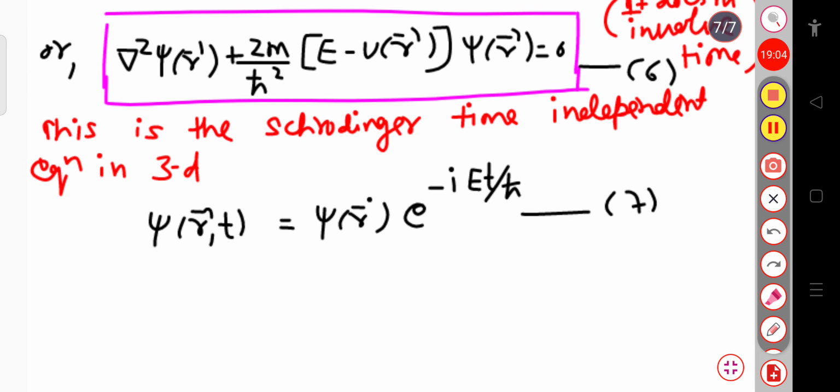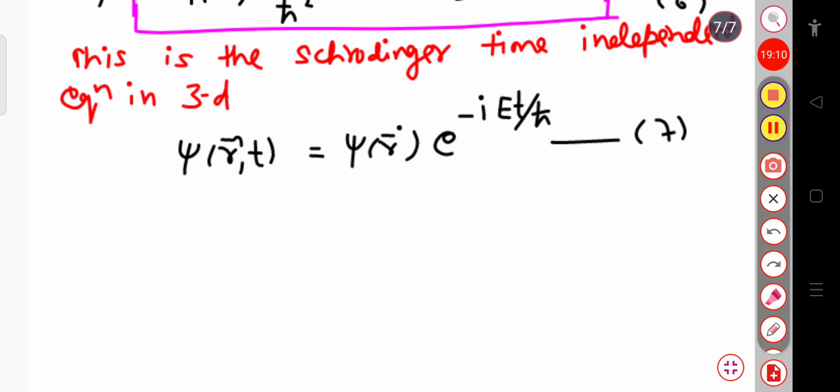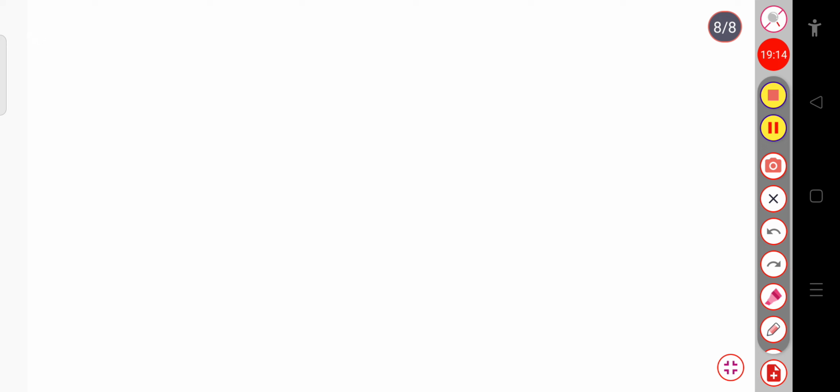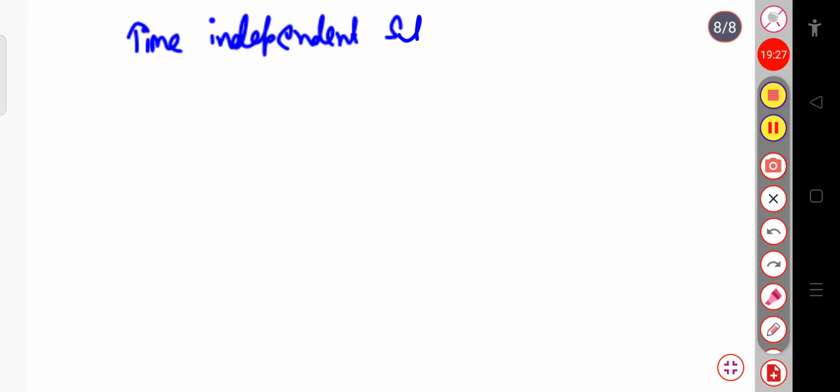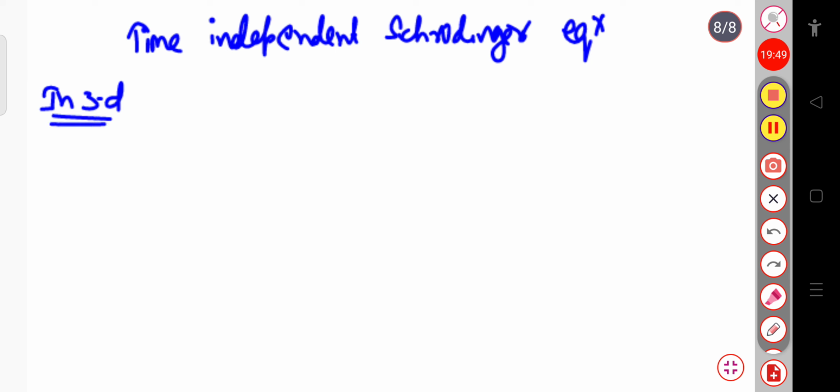Now let me write this Schrodinger time independent equation for 1D, 2D and 3D together. First I will write for the 3 dimension.